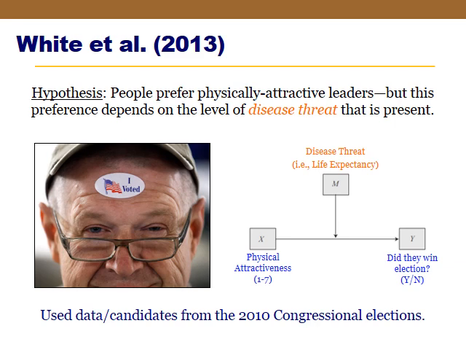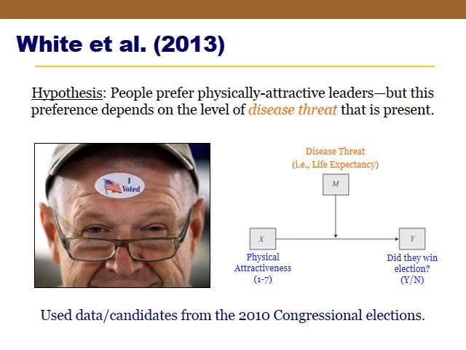So first, what they actually did is for each of these candidates, they had people who knew nothing about the study just rate how physically attractive they thought each candidate was. So for each political candidate, they had a mean rating of that candidate's physical attractiveness, which they used as their X variable. And they wanted to see whether the candidate's physical attractiveness predicted the likelihood that they would win the election, which is, of course, a binary outcome, right?